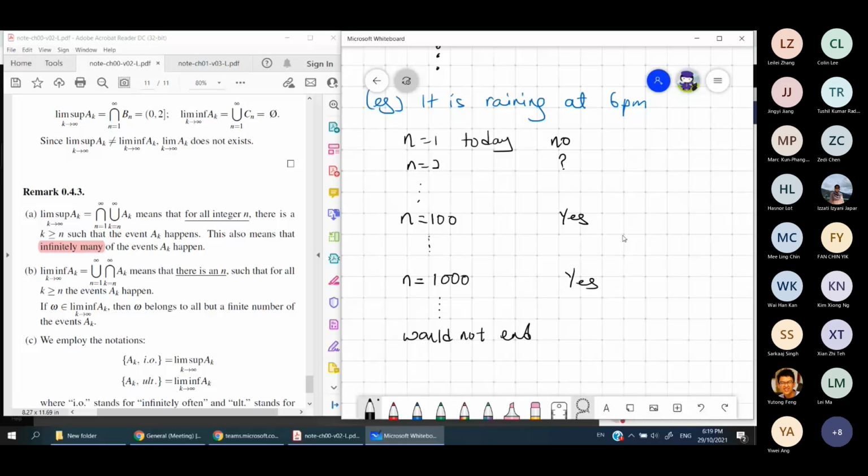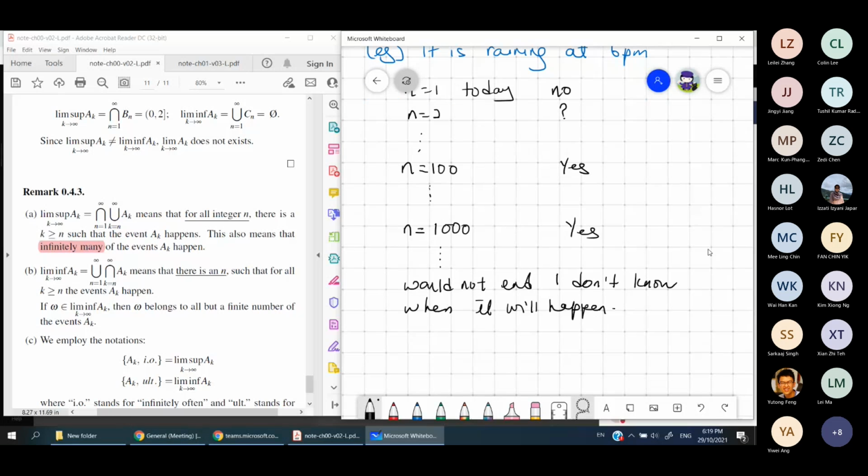There must be one day it's going to rain at 6 p.m. So this thing will not end. But the thing is, I don't know when it will happen. At least for sure I know it will happen, but I don't know when it will happen. So that's why this is the one.